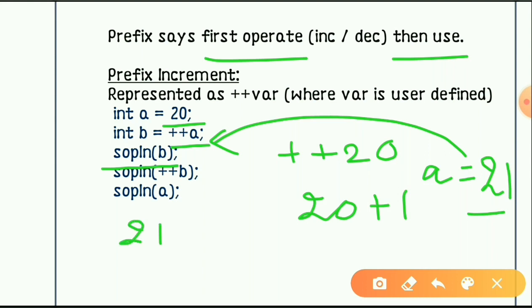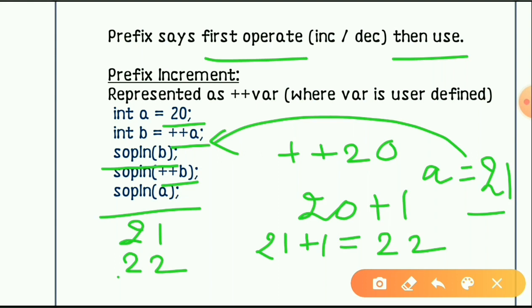Firstly, new line we are having, so your cursor will be over here. ++b, again we are performing this prefix increment operation, so again the value will be incremented by 1. So 21 plus 1 will be your 22. That is why the second output will be your 22. Again in the last line we are having SOPLN a.